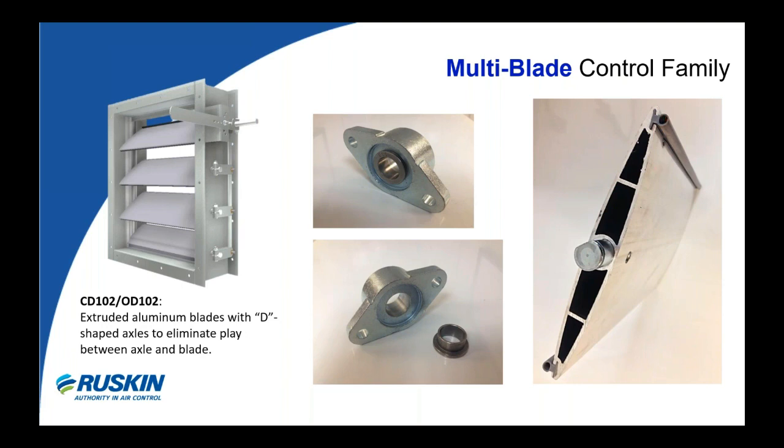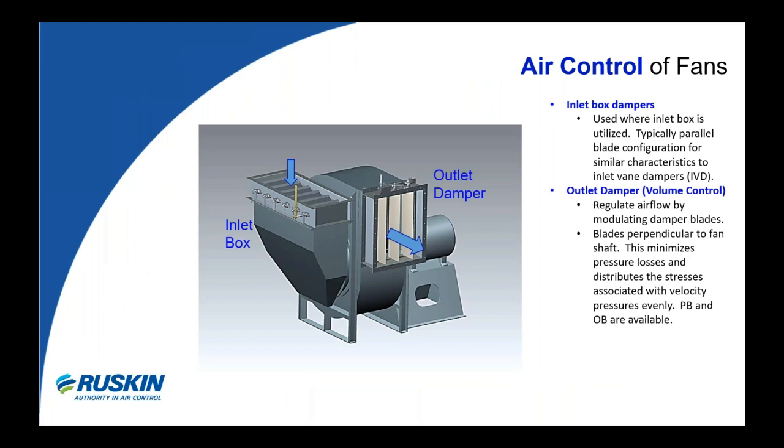On the upstream side of the fan, inlet box dampers are utilized when inlet boxes are designed into the fan configuration. This is sometimes the case when direct ducting into the fan is not possible due to space constraints. Inlet box dampers are parallel blade configuration to regulate and direct airflow properly into the fan.